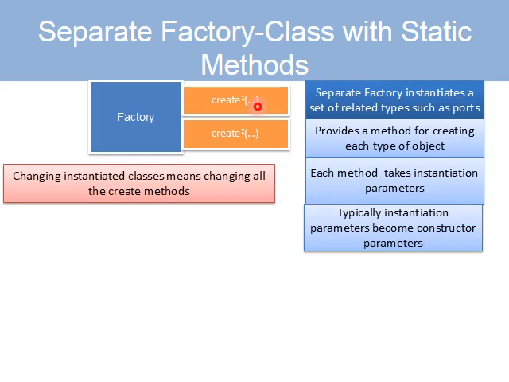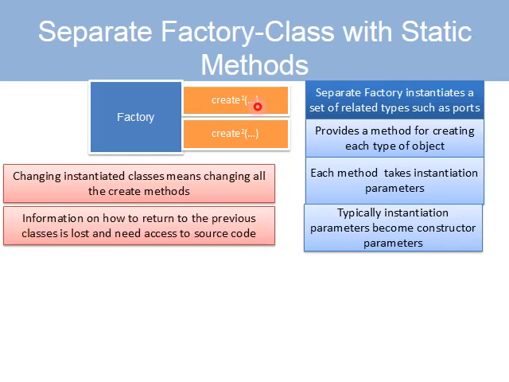So information on how to return to the previous classes is lost, and also you need access to the source code. I have to have an open source code implementation so that I can change the factory there and have a separate create call in there. I can't just have a jar file that can be used to change the factory.